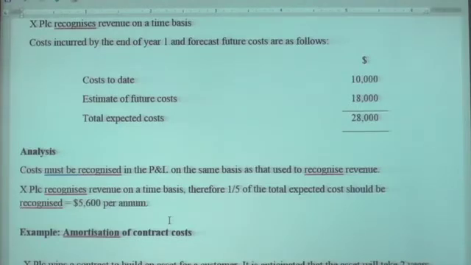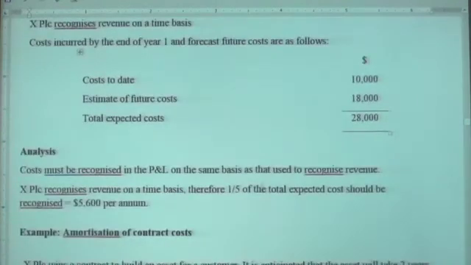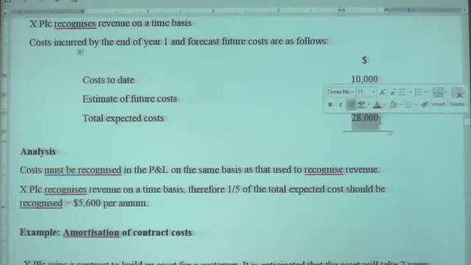Like this, cost incurred up to date and the estimated future cost for the contract, 28,000, relating to the 5-year period. Clear? Therefore, according to the revenue you recognize over the 5-year period, you have to amortize this cost into the profit and loss, otherwise you will violate the matching concept. Is that clear?